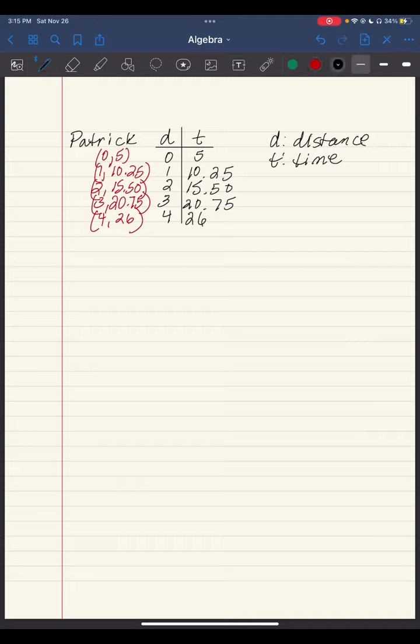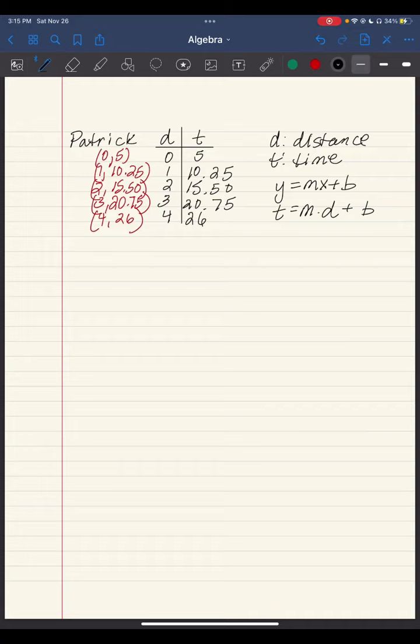We've said, okay, we could write it as y equals mx plus b. We could also write it as time is equal to the slope times the distance plus b. So we're replacing x and y with t and d. But what's happening?